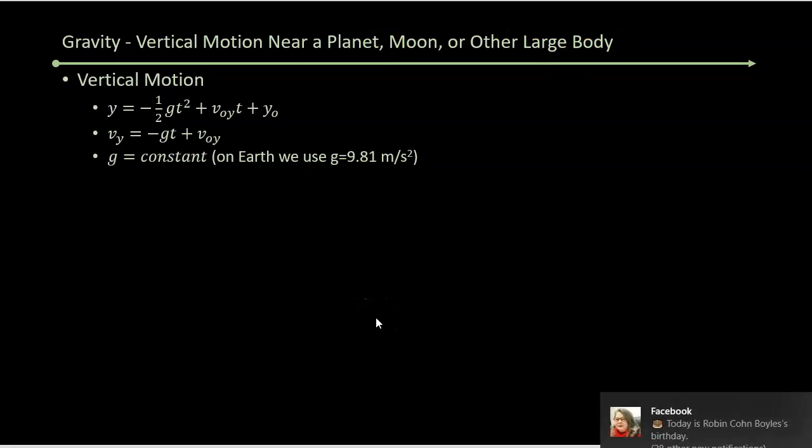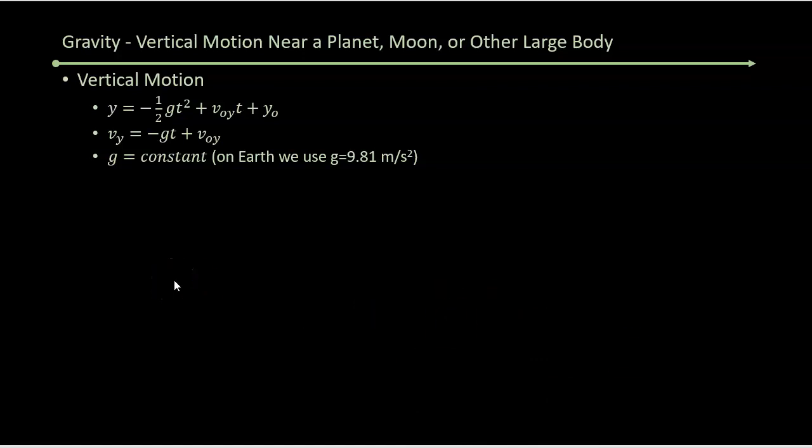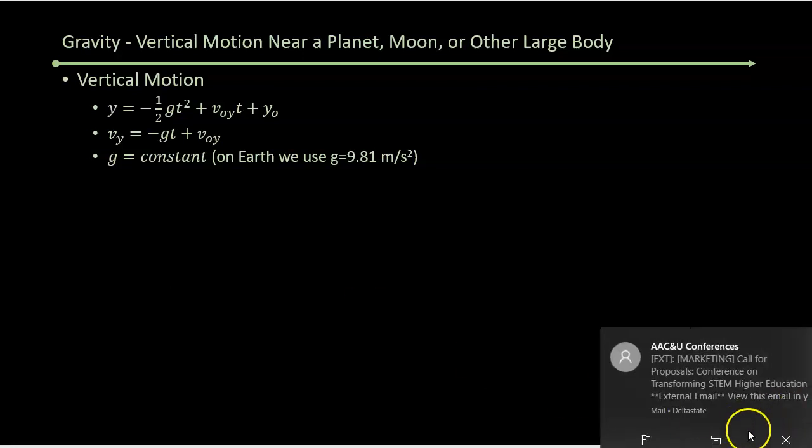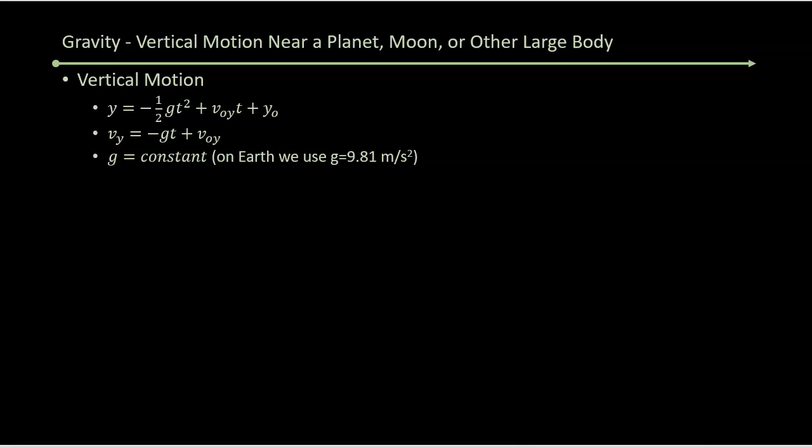The equations for vertical motion are y equals minus 1/2 g t squared plus v naught y t plus y naught, right? And what does this say? This says your height above the ground is minus 1/2 the acceleration of gravity times time squared, plus your initial vertical velocity times time, plus your initial position above the ground.